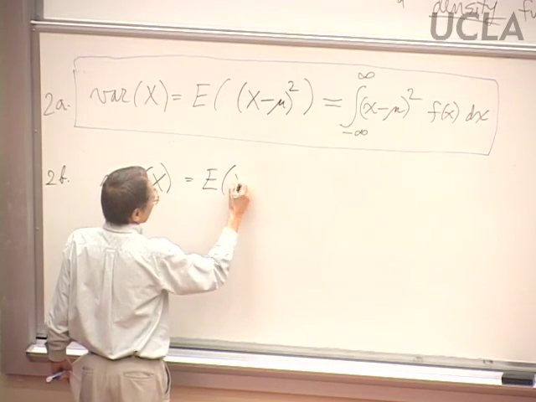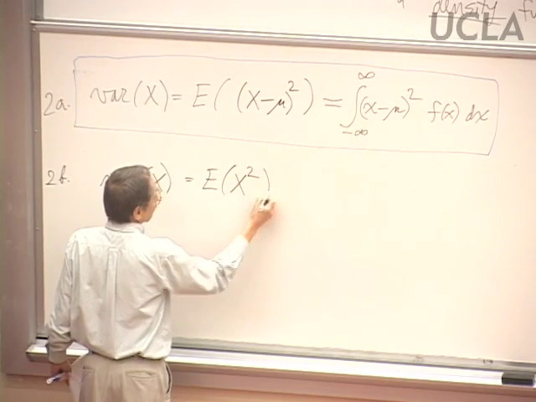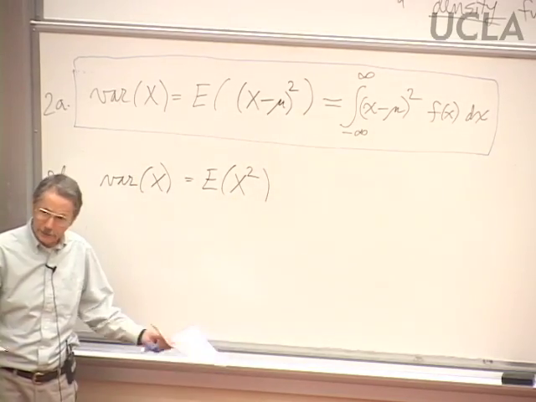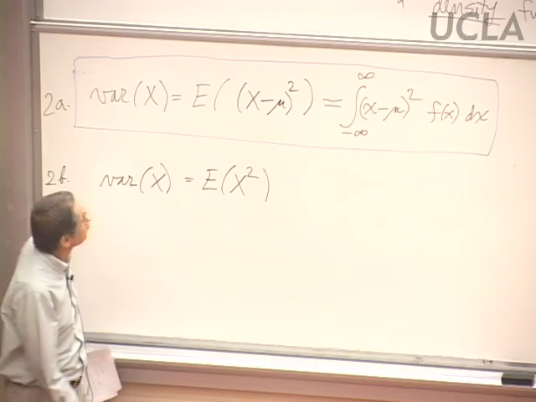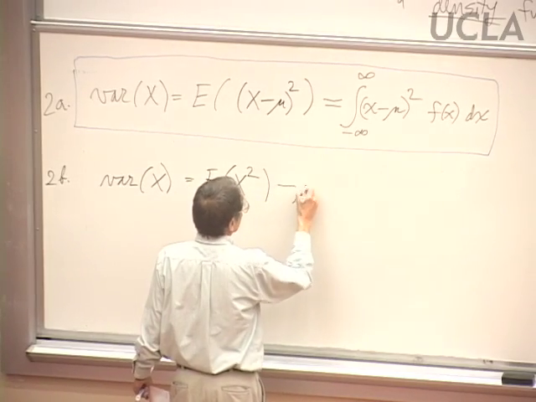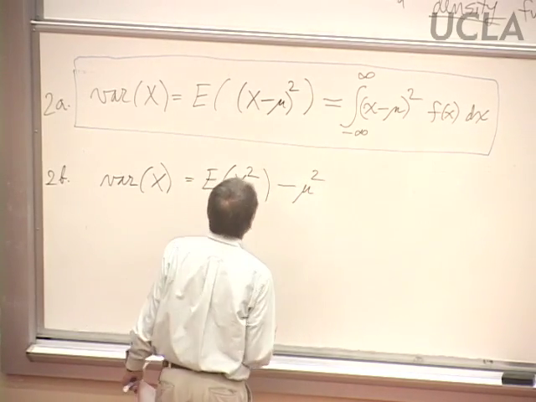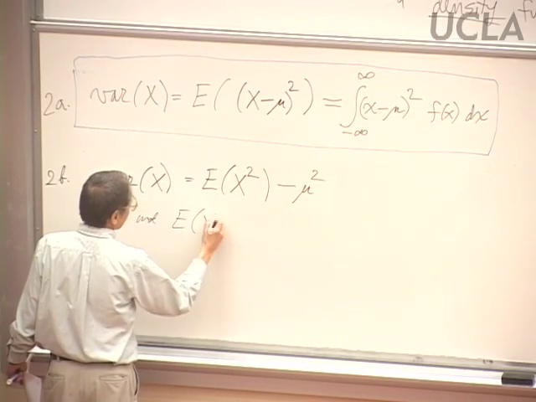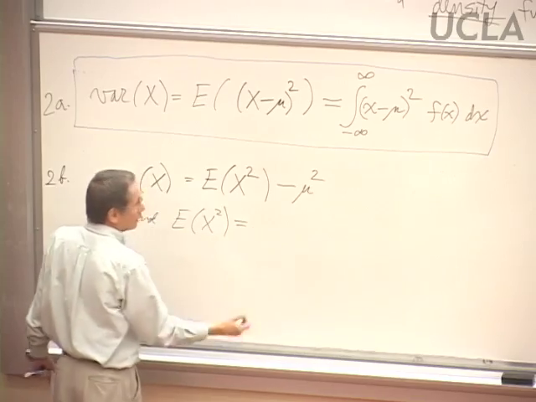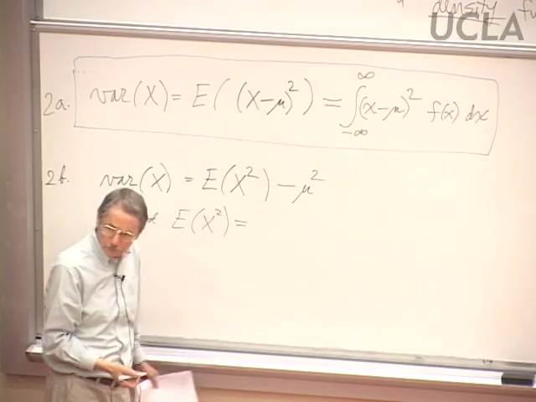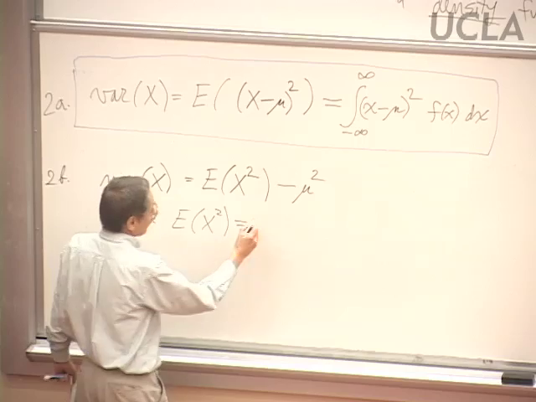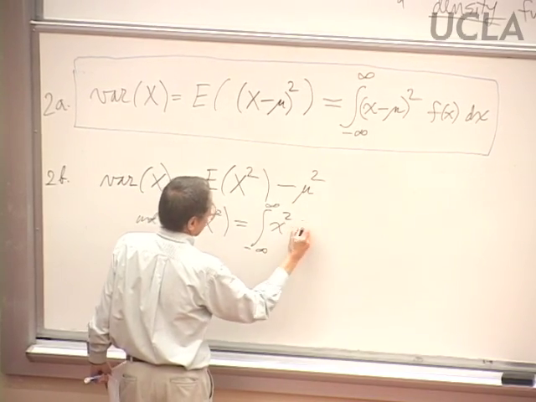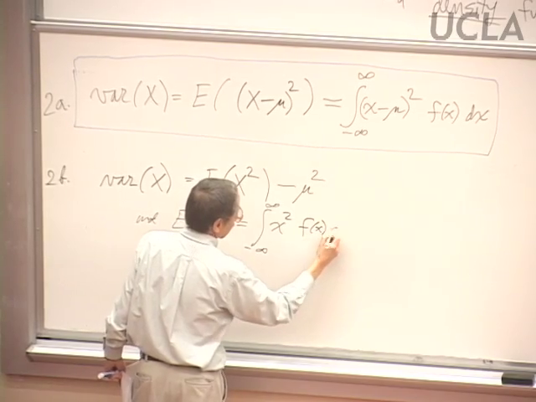It's the expected value of x squared, so that will be a continuous random variable related to x, but different, minus the square of the mean. And the expected value of x squared, well, by the right-hand board, we integrate x squared, weighted with the probability.